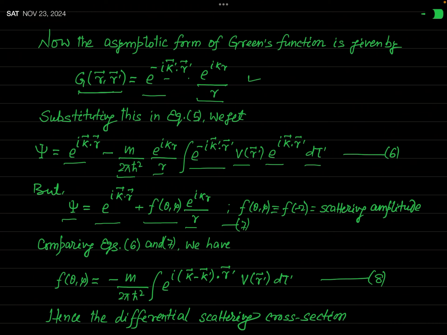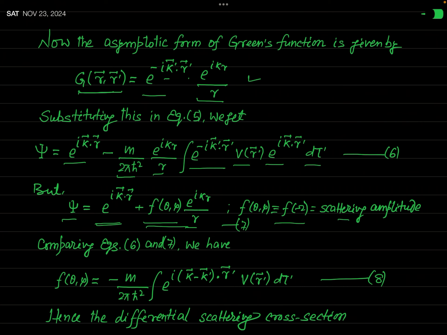Here e to the power i k dot r represents the incident wave, and the second term represents the scattered wave. In this second term, f of theta phi, which is identical to f of omega, is called the scattering amplitude.